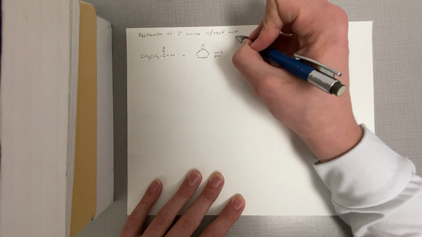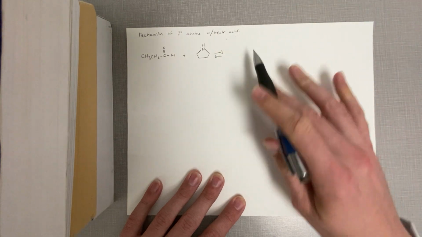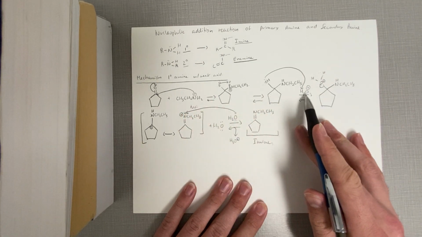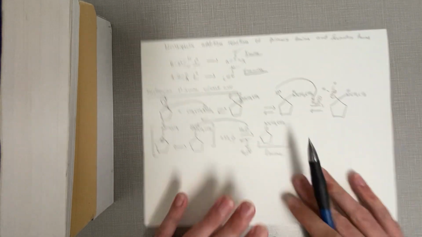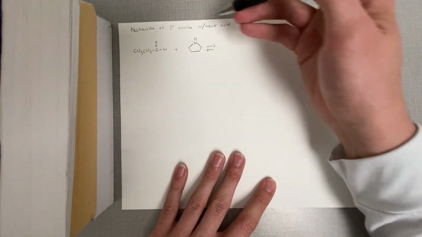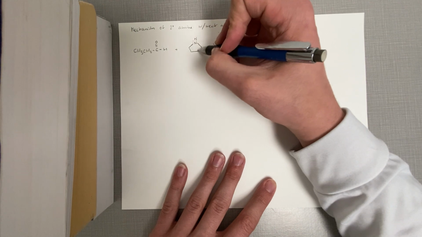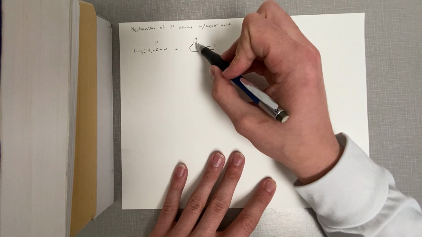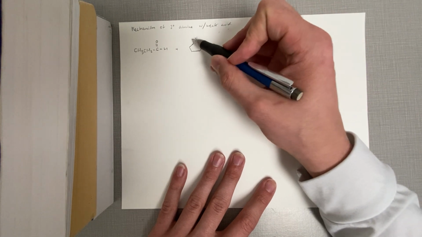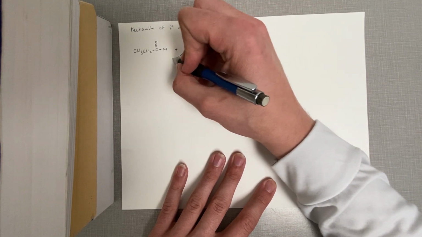Don't forget, we will be in need of the weak acid, because the weak acid is used in the primary amine in this step here to protonate the leaving group. So the first step, we can see here how we have a secondary amine, and an amine is a strong nucleophile. So first step is the nucleophilic attack.